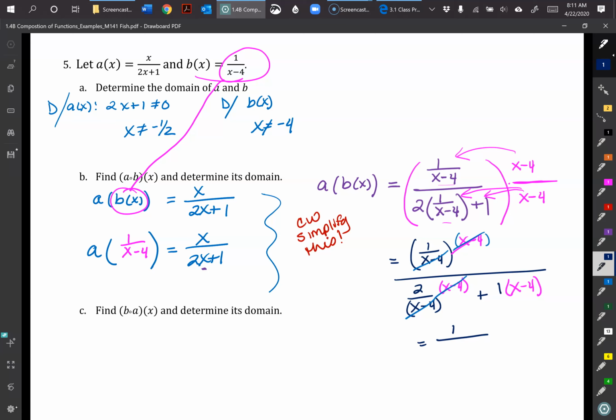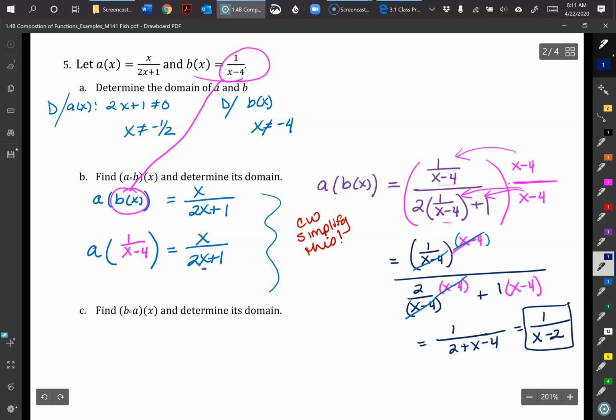So 2 plus x minus 4, and then calculate 2 minus 4 there: x minus 2. So this is my a of b of x.